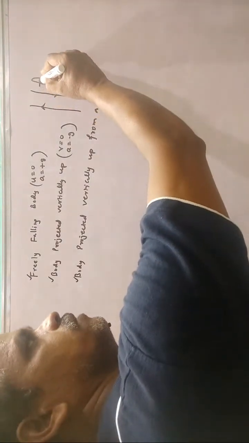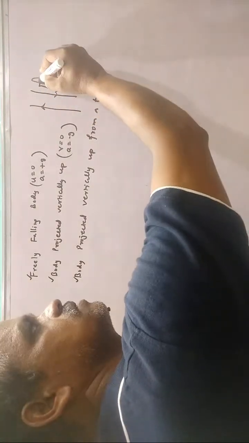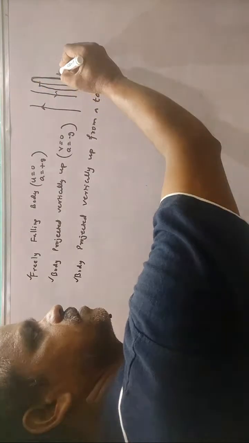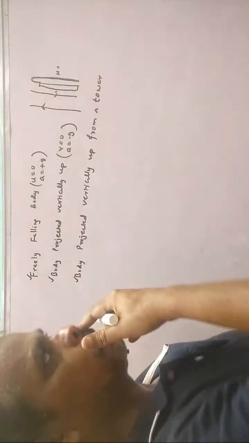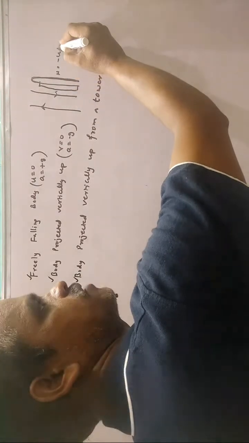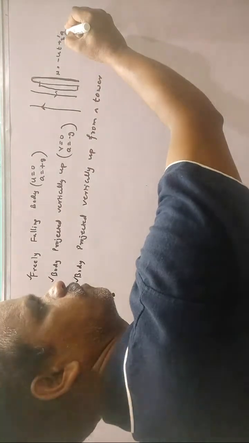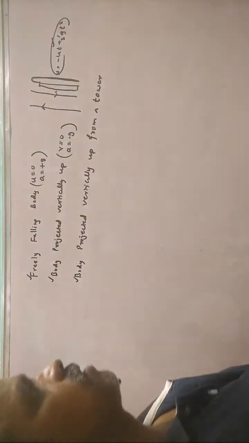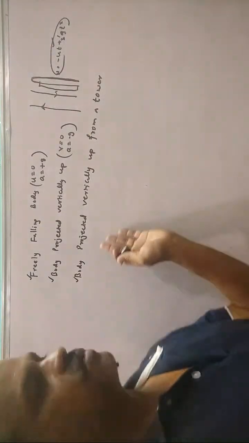So this is the tower. I discussed it in the last class. The body projected vertically from the tower, the height h we also calculated in the last class. That is h equal to minus ut plus half gt square. So this is the equation we got in the last class. Up to now I discussed these things.